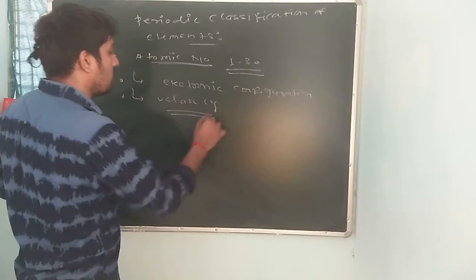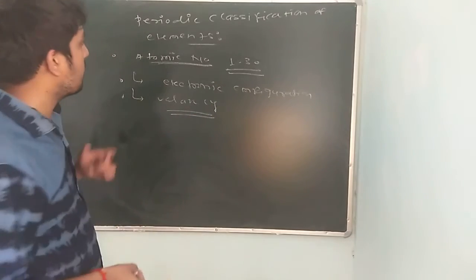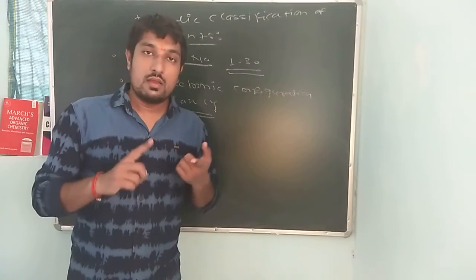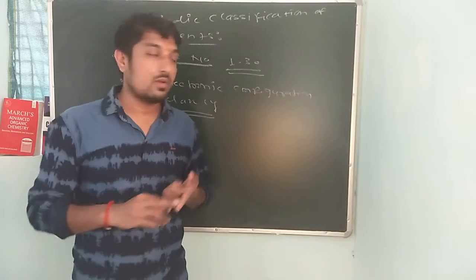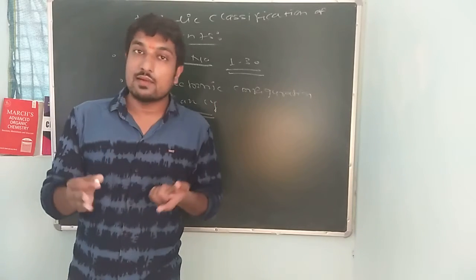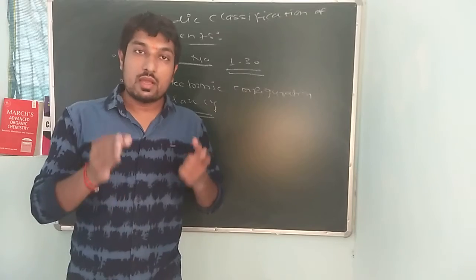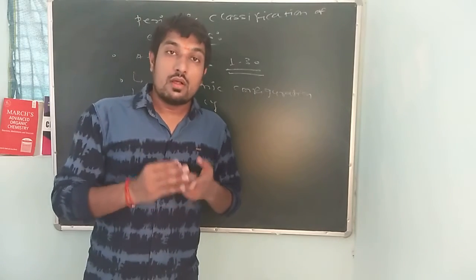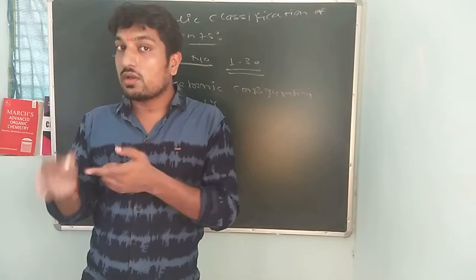So first in this chapter you learn the atomic numbers. What is the atomic number of calcium? What is the atomic number of scandium? Because in this chapter questions will come about electronic configuration.